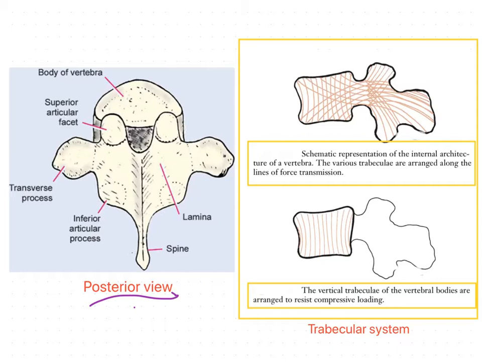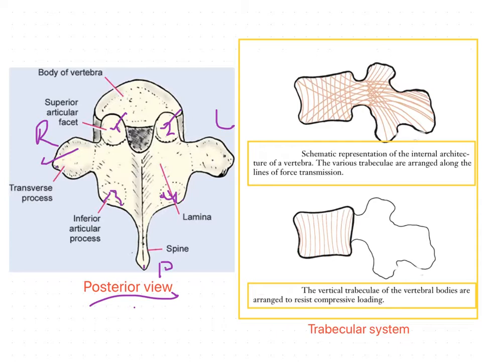The 4 articular surfaces are the superior articular facets, 1 and 2, and the inferior articular facets, 3 and 4. So 1, 2, 3 and 4 articular processes are present, and 3 non-articular: the right side transverse process, the left side transverse process, and posteriorly you'll find the spinous process.